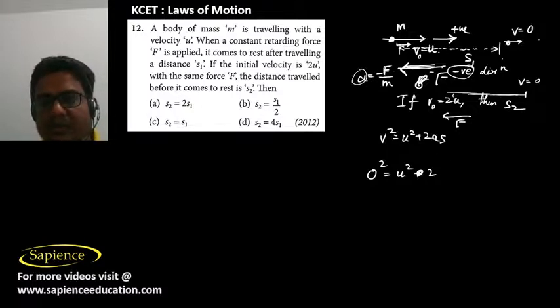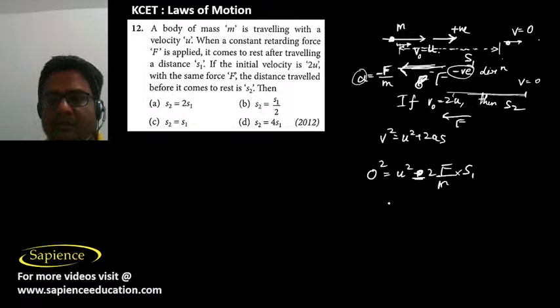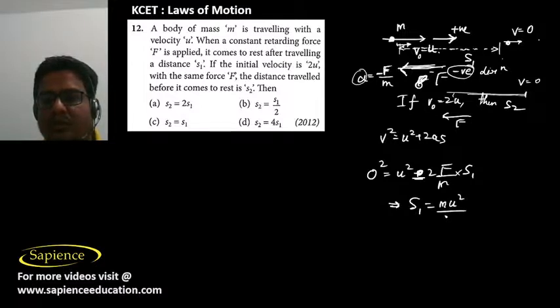So we can say that it is u square minus 2f by m into s1. Therefore s1 equal to mu square by 2f, since 2f by m s1 is equal to u square.